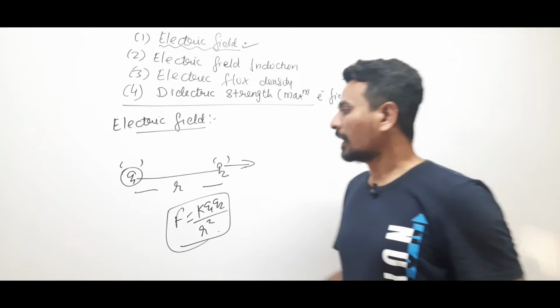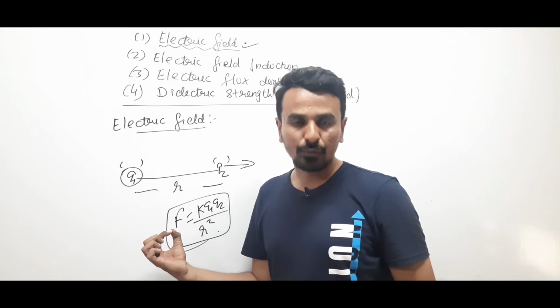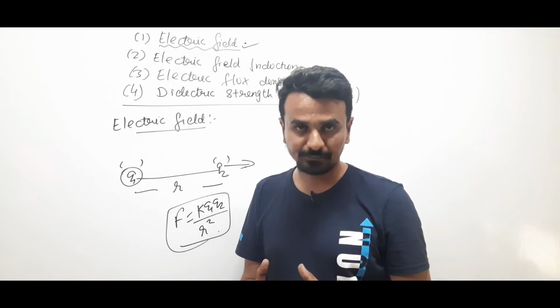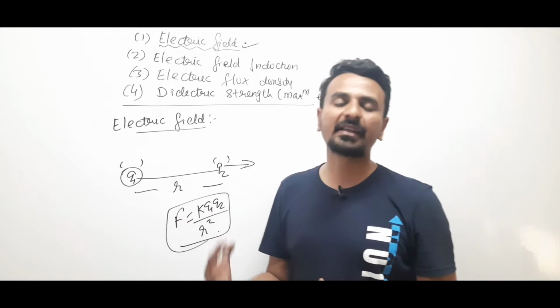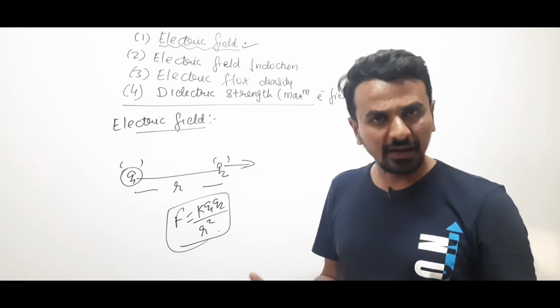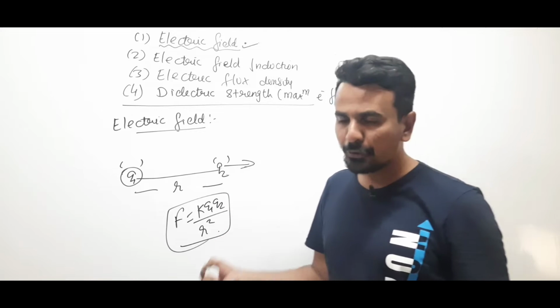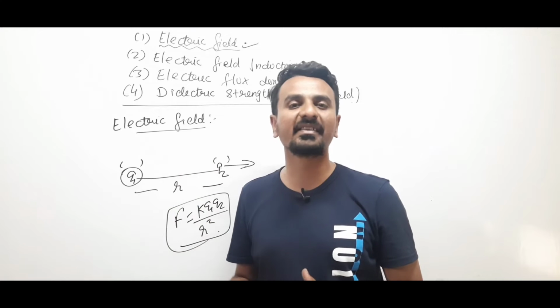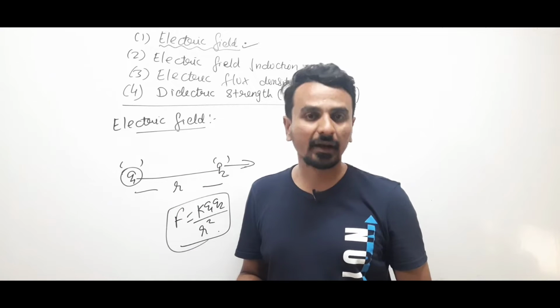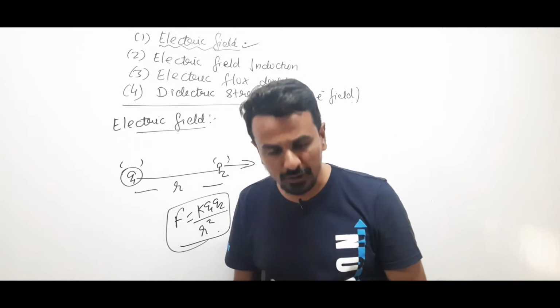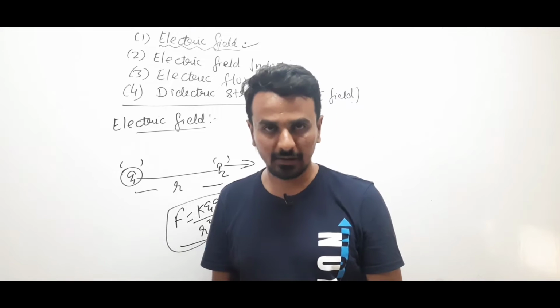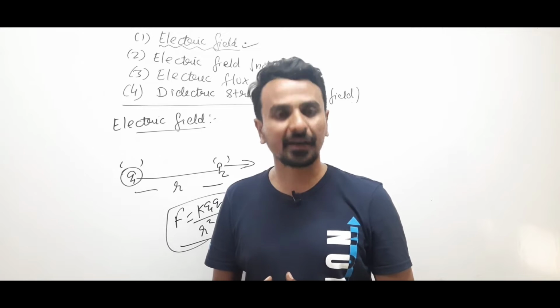Both these charges produce a field around them, and because of this field they experience a force. So the field produced by the charge around it is known as electric field. Or you can define it in another way: the effect produced by the charge in its surrounding is known as electric field.